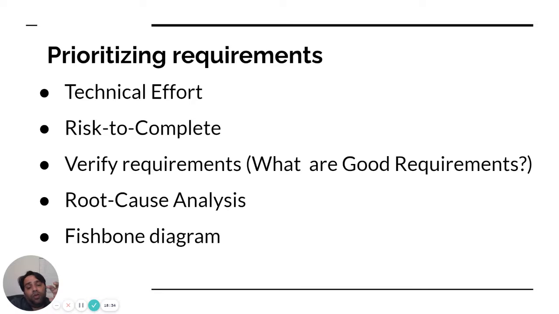So whenever you are discussing requirements, you have to ask about risk to complete, and you can categorize it into three, as we discussed for technical effort: high, medium, and low. High level risk means a high possibility of negative consequences. Medium is moderate negative consequences, and low would be low negative consequences, right?